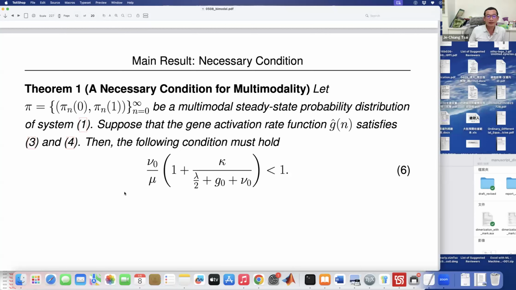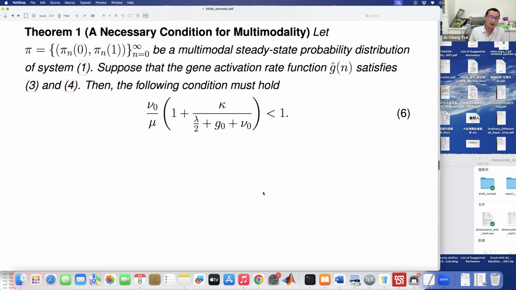If you would like to have a bimodal or multimodal static distribution, these parameters should satisfy this inequality. I will give some biological implication for this inequality later. So this is a necessary condition.